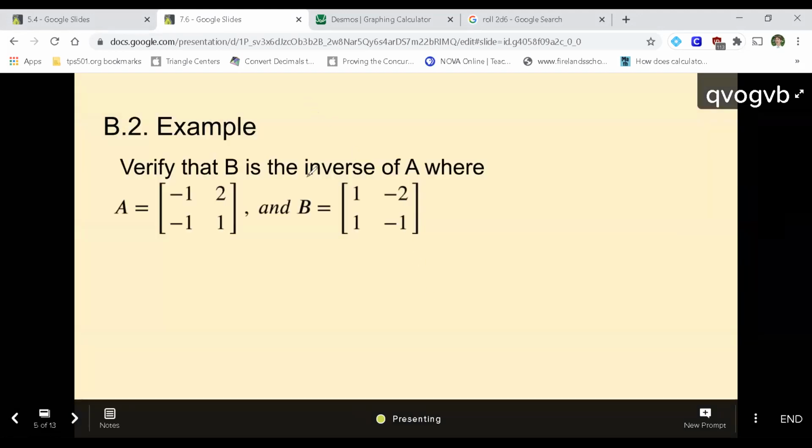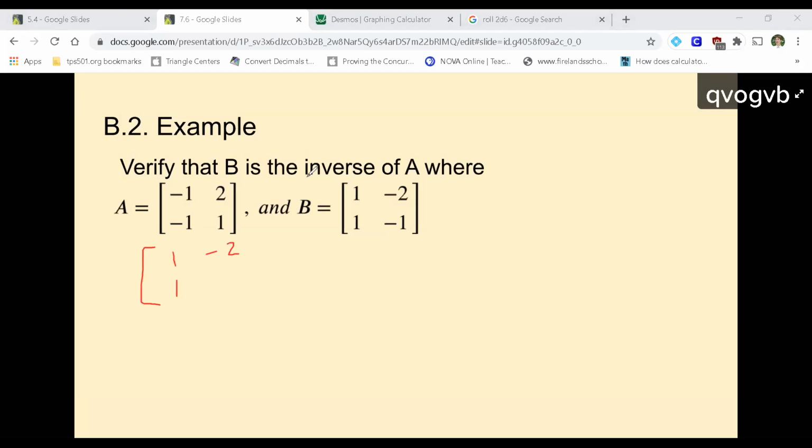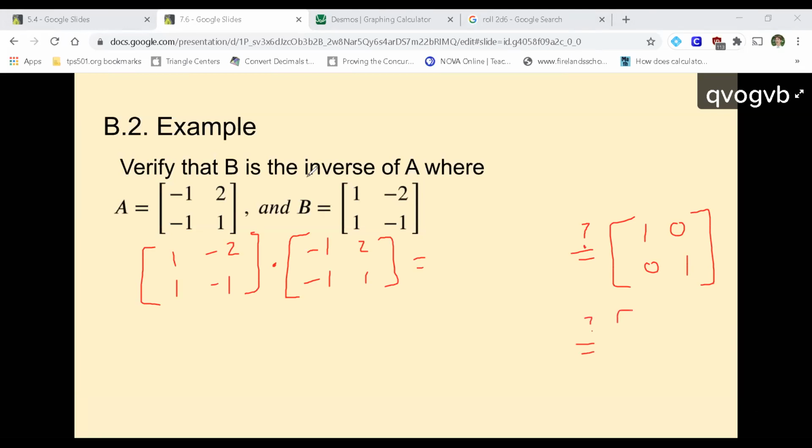So I'm going to multiply B times A, and see what that equals. Is that answer the identity matrix 1, 0, 0, 1? If it was a 3 by 3, I would ask, is it 1, 0, 0, 0, 1, 0, 0, 0, 1? That's the question.